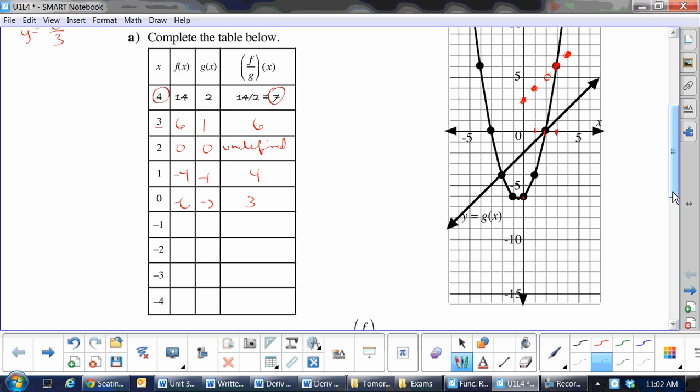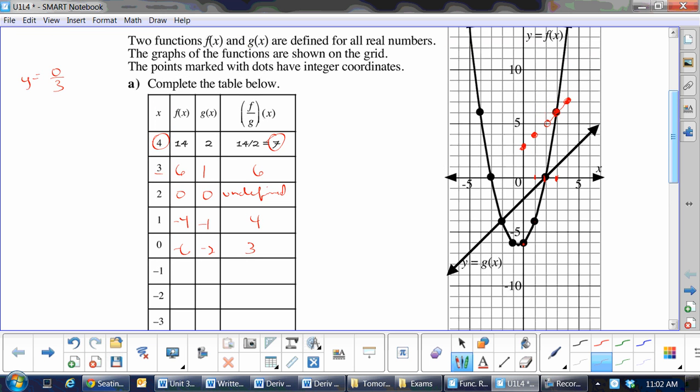And the graph then looks like this. So how do we deal with that undefined? It is a hole in the graph.